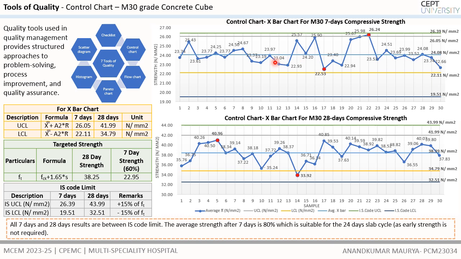Here the results are lying between the lines of the IS code limit, with an average of 24.08 Newton per mm square. A big range of variation in the results shows inconsistency in the quality results, whereas low variation in the results shows consistent quality control.